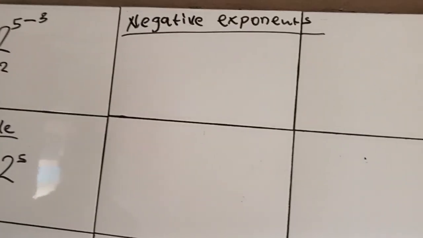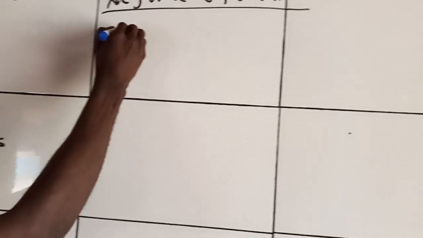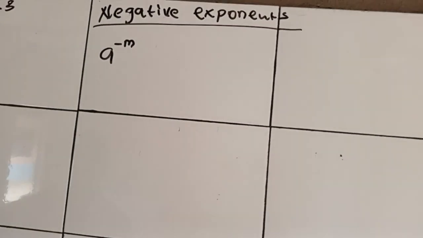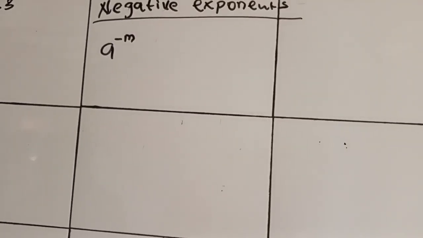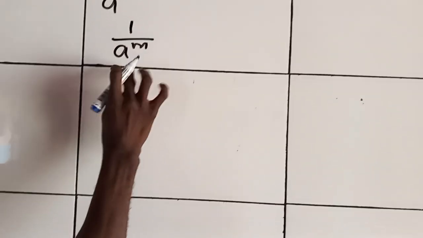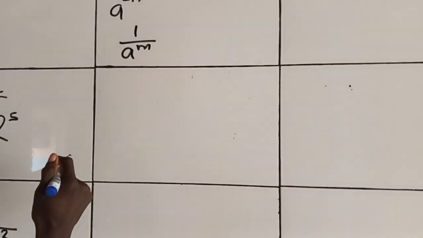In the negative exponent, when you have a raised to the power of minus m, you see that the m, which is the exponent, is negative already. For us to solve a problem like this, we need to introduce a fraction. So this is going to be 1 all over a raised to the power of m. The fraction now has removed the negative sign.